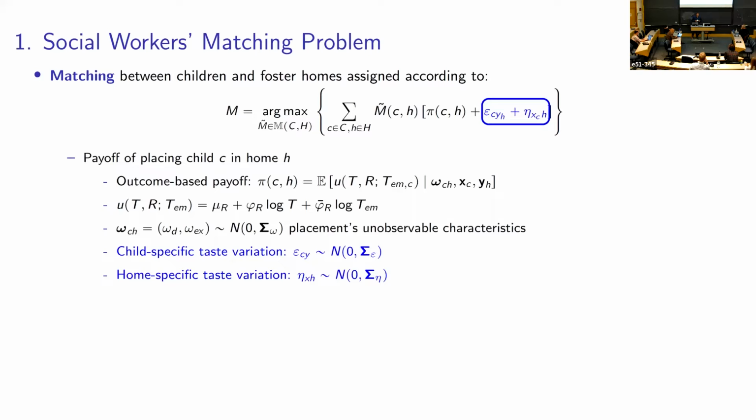And here I'm being agnostic about whether these are preferences of the children, preferences of the home, biases of the foster parents, whatever. Any other reason for which a specific child might be placed in a certain type of home, or a specific home might be assigned to a certain type of child, is going to be captured by these shocks.